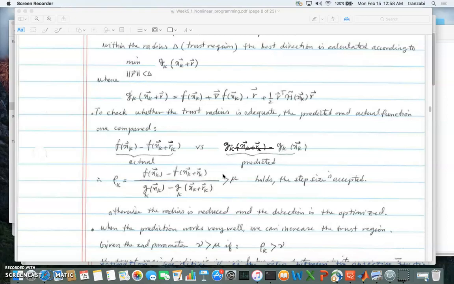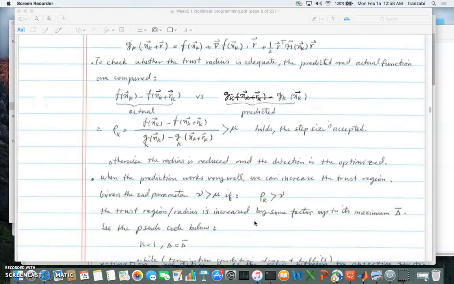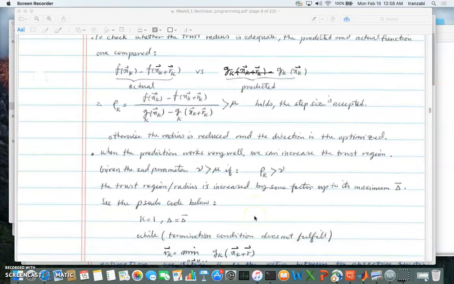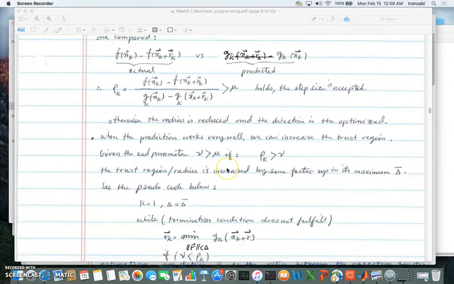Okay? All right. So now the condition turns out to be like this. We're going to pick two numbers, nu bigger than mu. So these are user-defined numbers. And at every step we're going to look at this ratio. If this ratio is bigger than nu, then we're going to increase the step size.